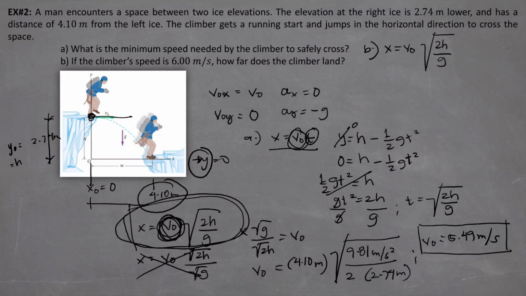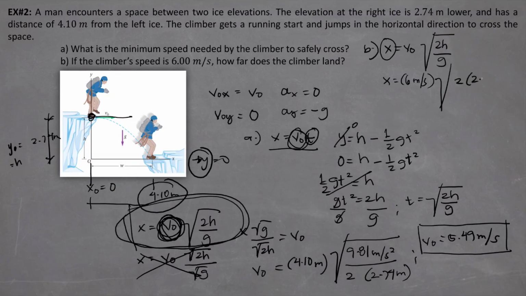We will not rearrange it anymore because what we are looking for is the distance, how far the man or the climber will reach with the speed of 6 meters per second. Substituting the values, x is equal to v sub o, which is 6 meters per second, times the square root of 2 times the same height, because that is also where he jumps from.